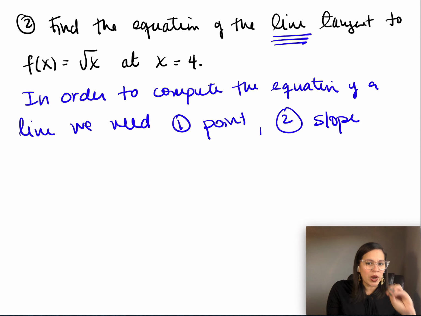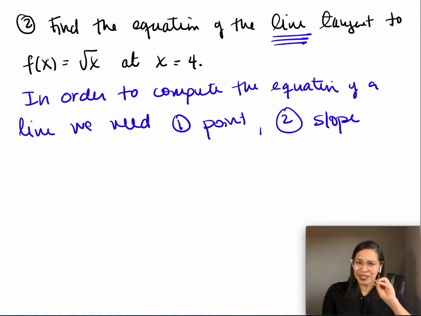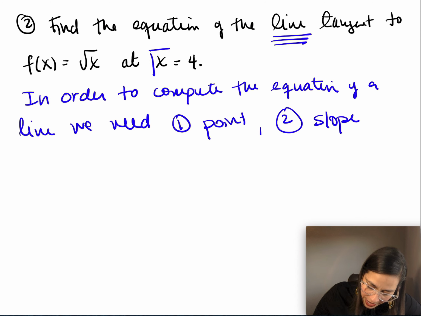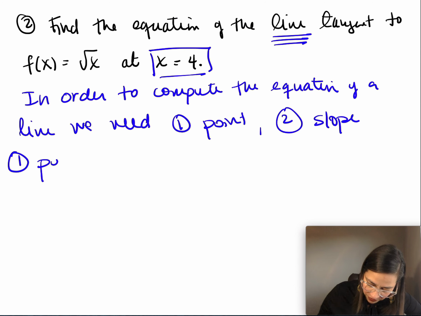But this is the equation of a very, very important line, which is a tangent line, okay? And we know that by definition, the derivative represents the slope of the line tangent to the graph at a point, okay? So here, we already know what x is, so we know that x is equal to 4. So step 1, let's find the point.